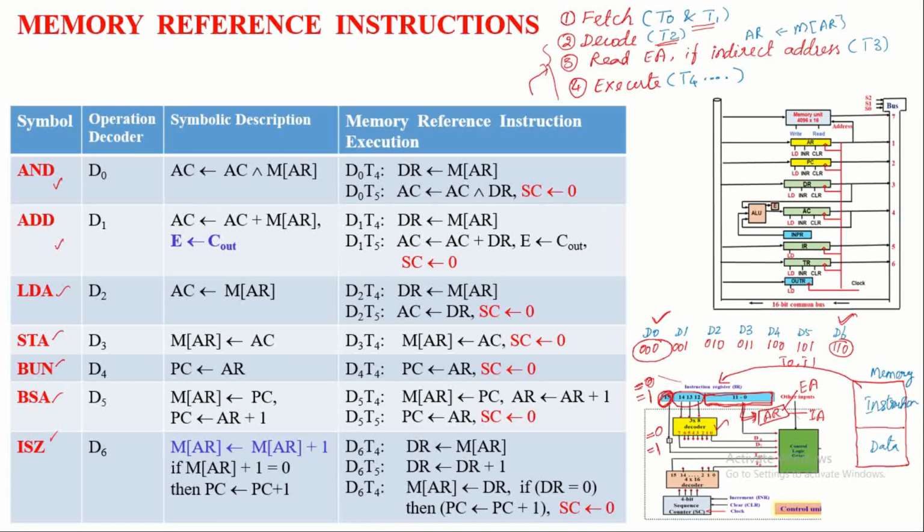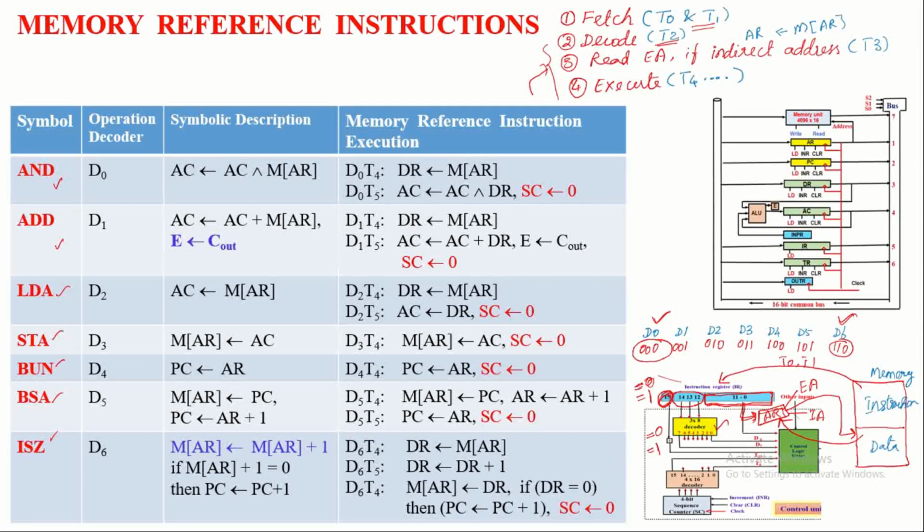In the next timing signal T3, the effective address of the operand needs to be read from the memory, from the location that is pointed to by the address register, and it has to be loaded into the address register.